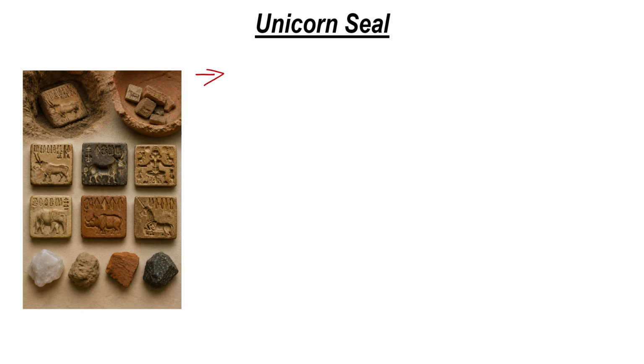So the unicorn seal shows a figure of a mythical animal. Mythical animal means it does not exist in reality. And also many scholars believe that it is the figure of an animal which had two horns, but from the side when we see it, we get to see only one horn.